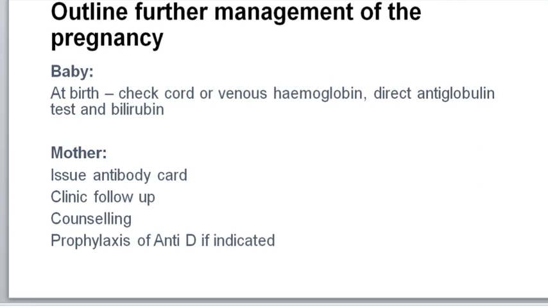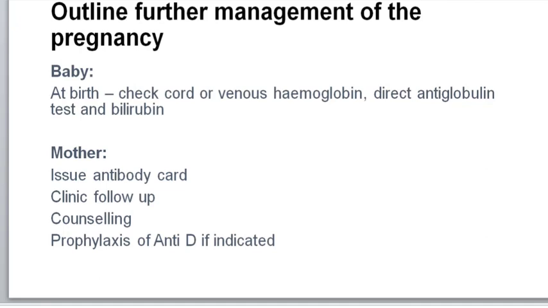They examine the baby for symptoms and signs of HDFN. Cord bloods or venous samples are taken for full blood count and liver function test, including bilirubin, and if there are signs of hemolysis in the blood, then they send a direct antiglobulin test or direct Coombs test as well.